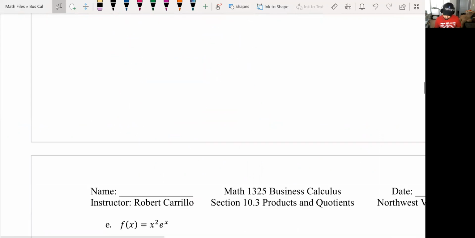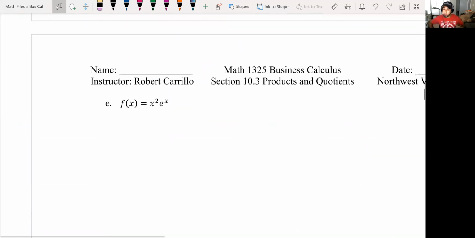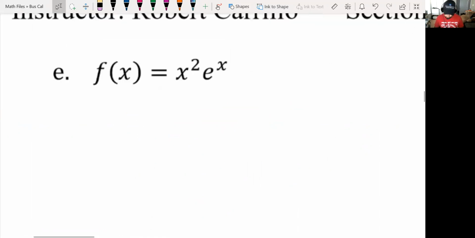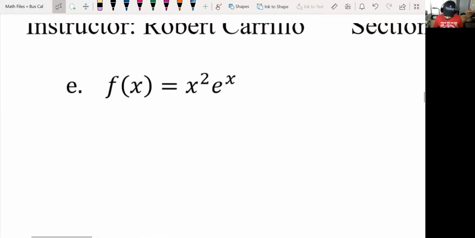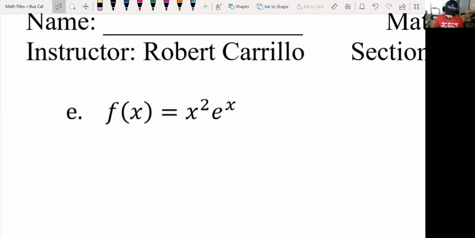D, and then E. More product rule. All right, still going. Let's do this. Not too bad, right? Okay. So label x squared as f and e to the x as g.